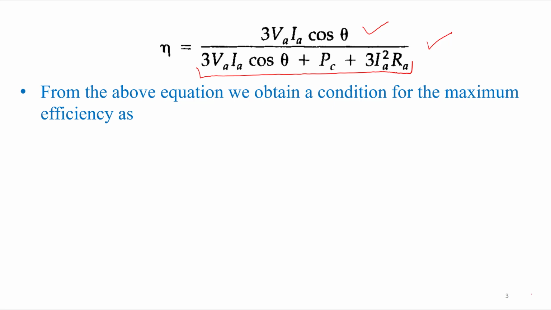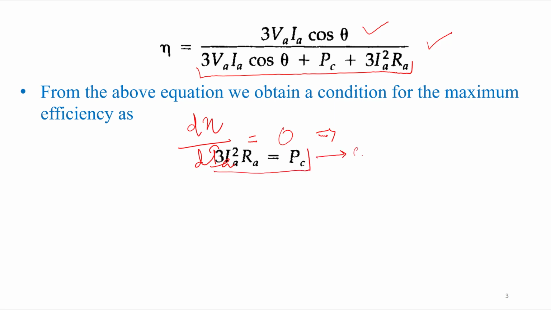This is just by taking the derivative d eta by dIA, and equating it to 0. I'll find the expression: 3IA square RA equal to PC. So this will be your criterion for maximum efficiency. I hope everybody got this.